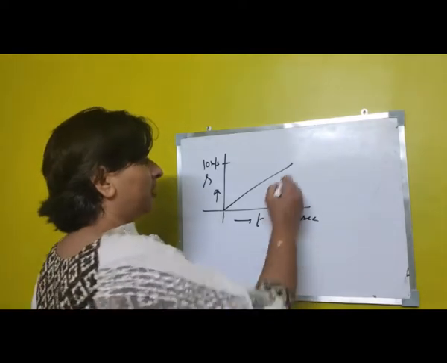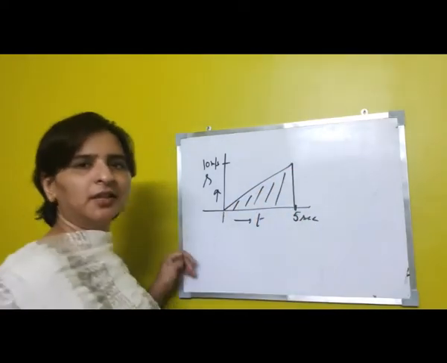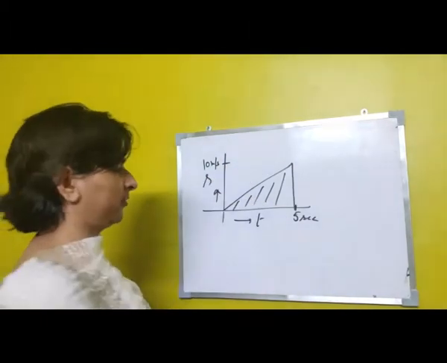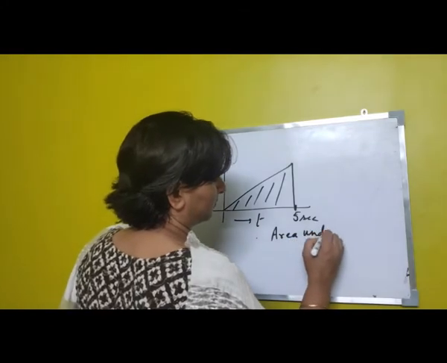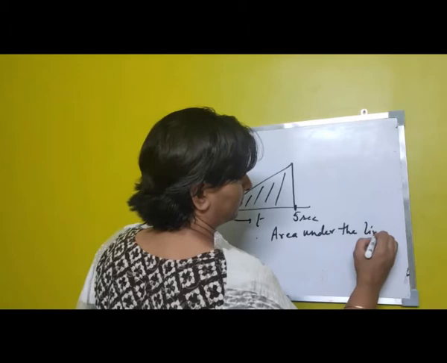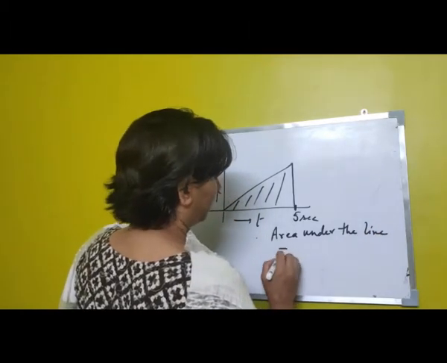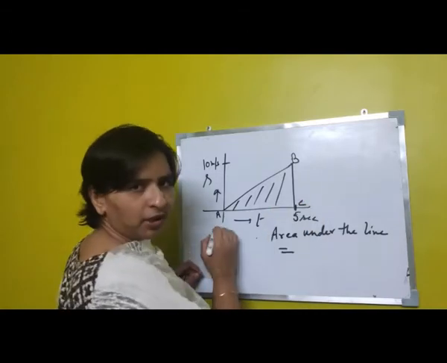How? If I find the area under the graph, area under the straight line graph, the area under this graph will be equal to, say this is point A, point B, point C. It is a right angle triangle.